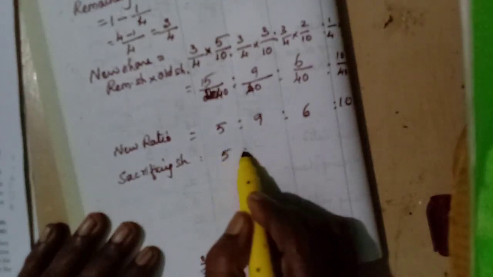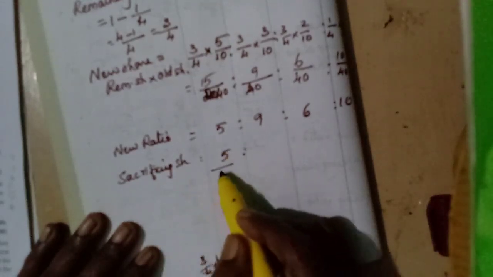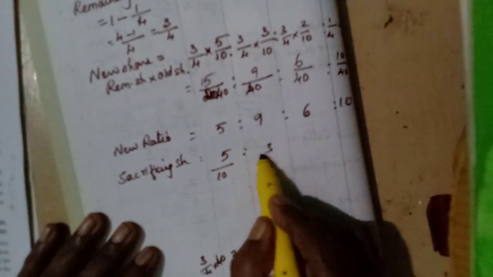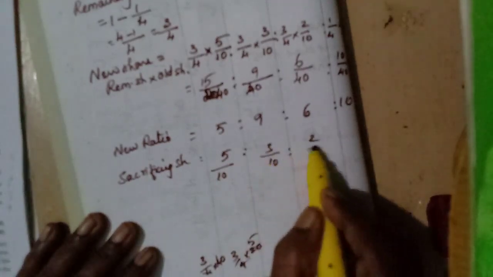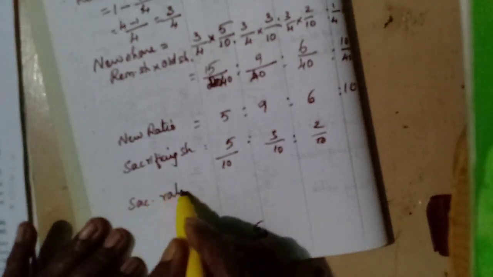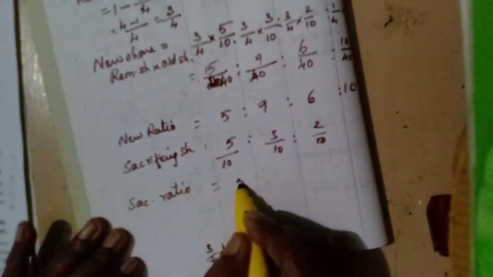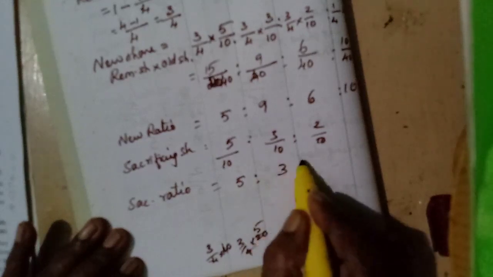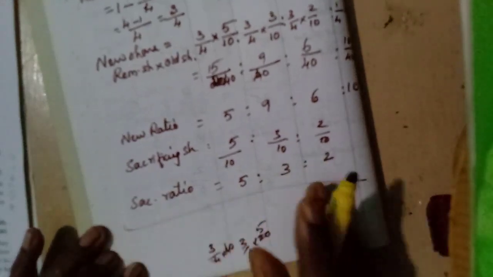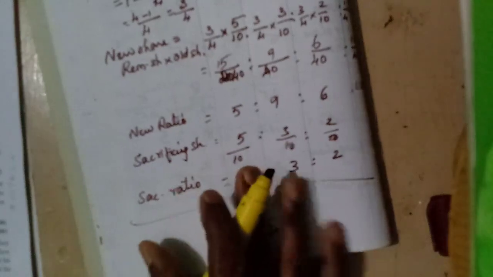Same: 5 by 10, 3 by 10, 2 by 10. So sacrificing ratio 5 is to 3 is to 2. This is the answer. Okay students, now we have completed finding out the new profit sharing ratio.